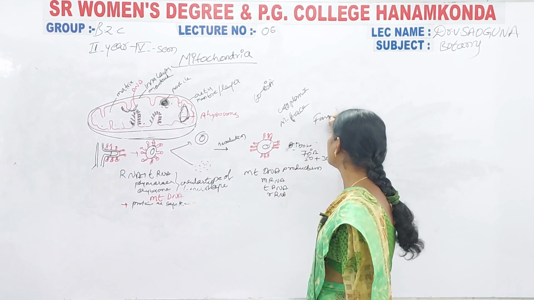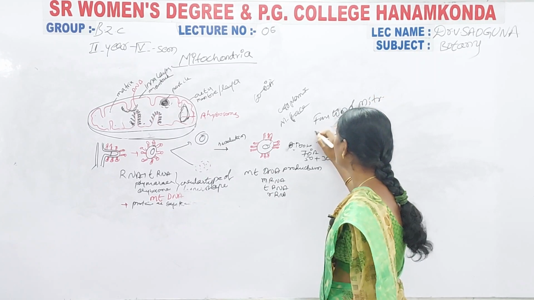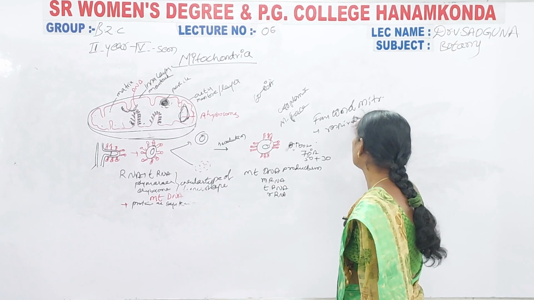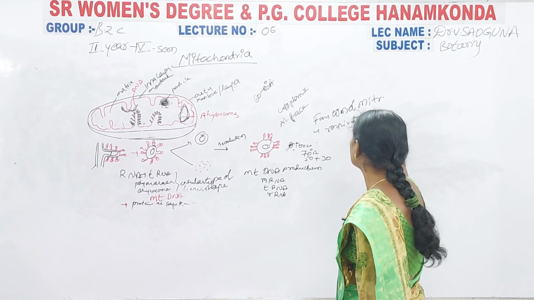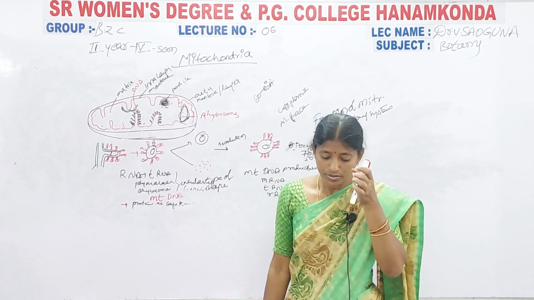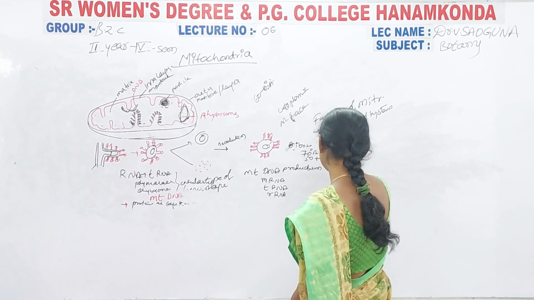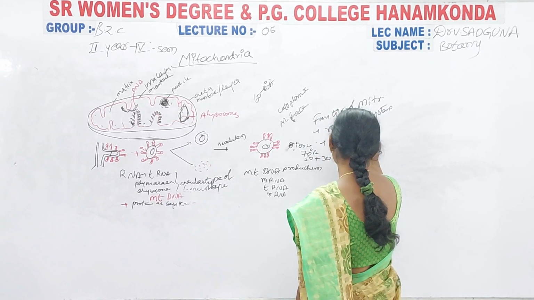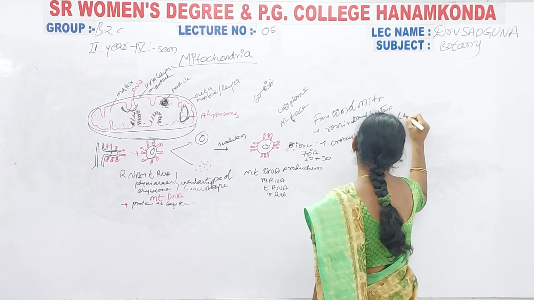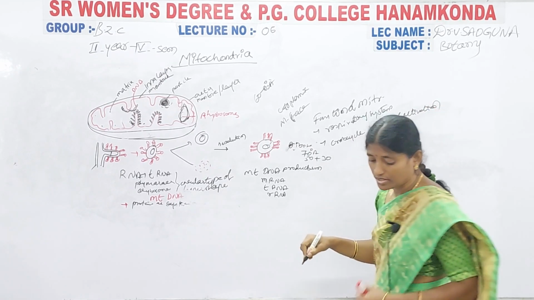Now the functions of mitochondria. First of all, it is mostly used in the respiratory system. Then it is used for the Krebs cycle, the activation of the Krebs cycle in the matrix, the activation of the process.